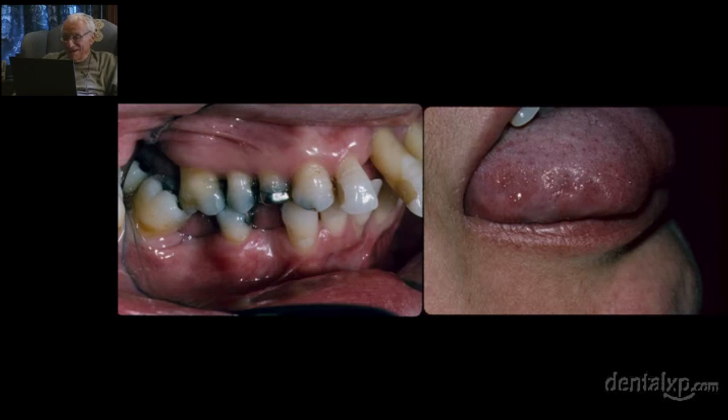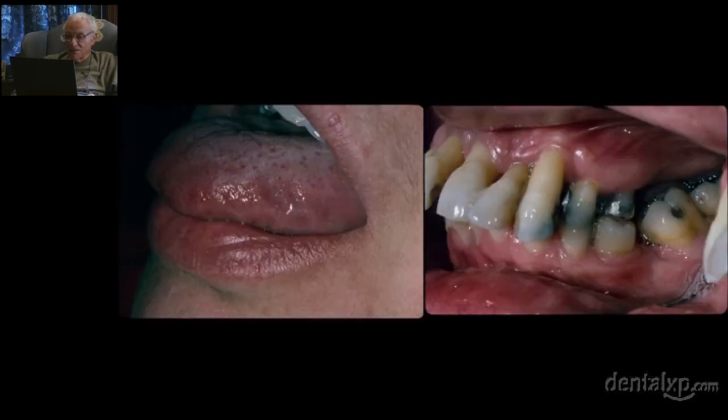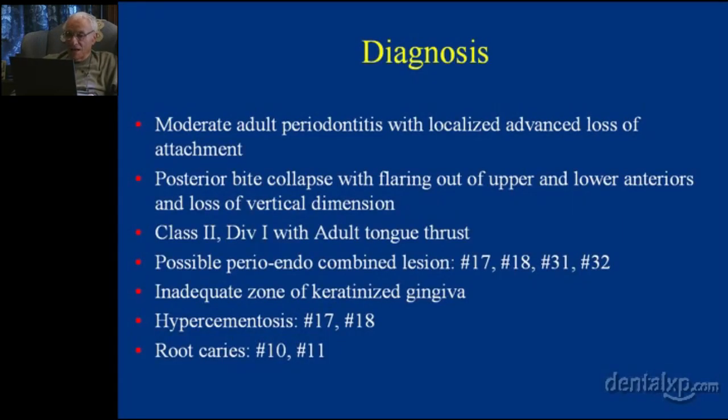Ulceration, the fact that an active tongue habit has to be controlled. And the diagnosis in this case, again, was moderate adult periodontitis with localized advanced loss of attachment. Posterior bite collapse, flaring out of upper and lower anteriors, and loss of vertical dimension. She's a class 2 Division 1 with adult tongue thrust.